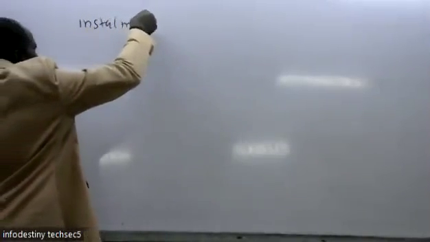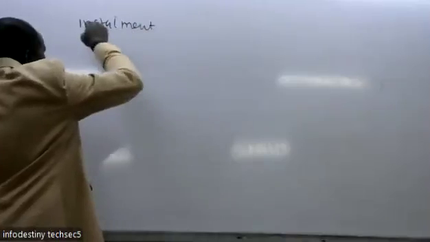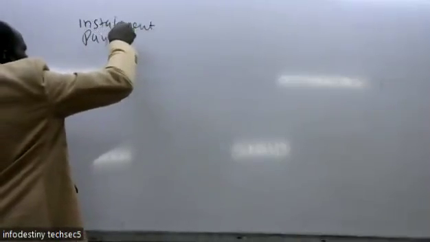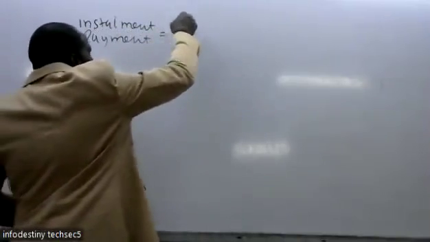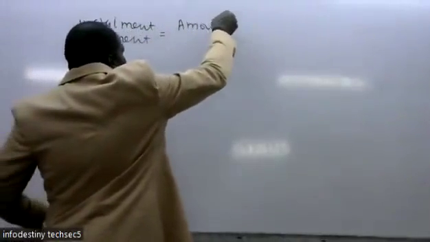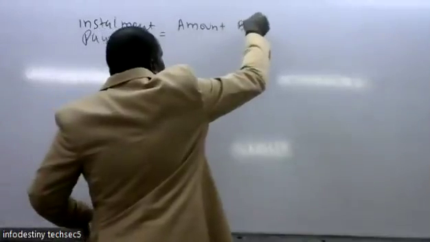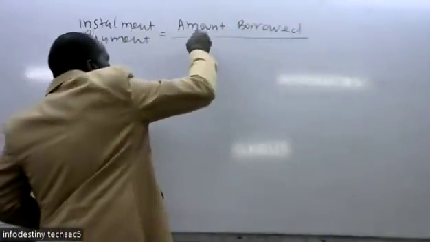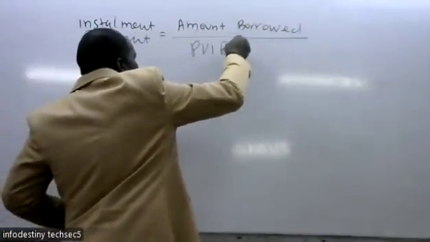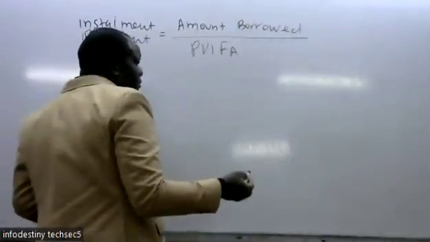In the loan repayment schedule, we start off with the installment payment. The installment payment will be equal to the amount borrowed divided by the present value interest factor for the annuity.